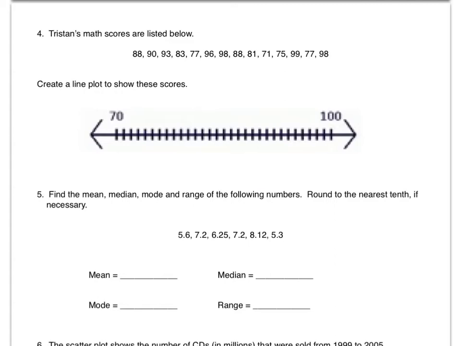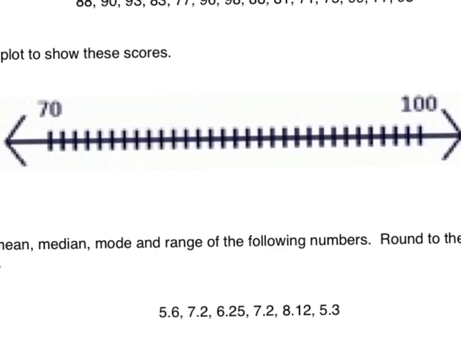So what I like to do is go ahead and label underneath like every 5. So it would be 71 to, well, let me get my laser. This would be 71, 72, 73, 74. So I know this is 75. So I'm going to go ahead and label 75. And then I'm going to do the same for 80, and then 85, 90, 95.